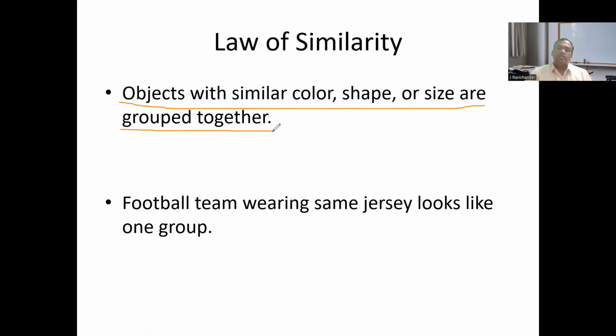Like a football team wearing the same jersey looks like one group. In a football team, they wear the same color jersey, so we consider it as one team because they wear similar t-shirts.